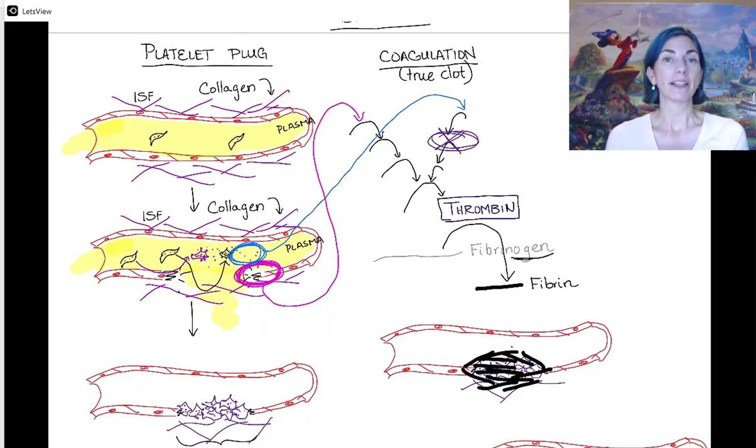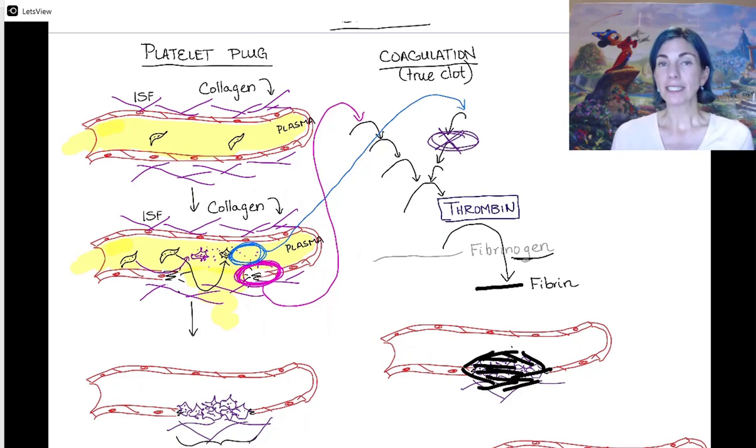It's called hemophilia. So if you've ever heard of a hemophiliac, that is somebody who often needs transfusions of clotting factors, actually, to help them clot appropriately.